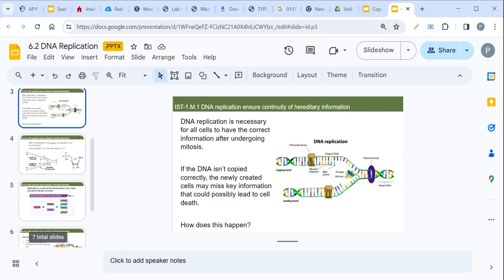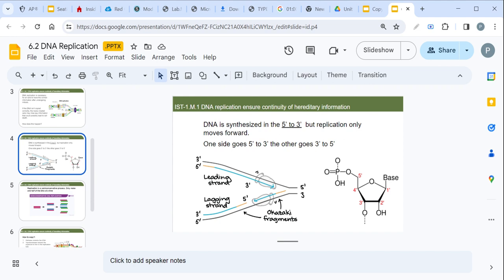Now, the first thing we need to discuss before anything else is the direction of DNA replication. In this class, in biology, everything is done 5 to 3. Everything has evolved to do everything 5 prime to 3 prime.